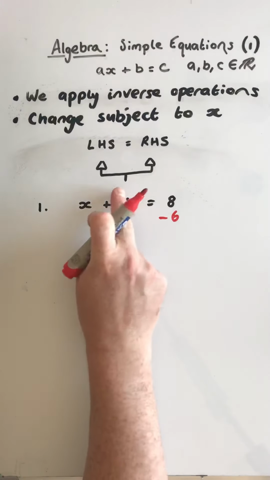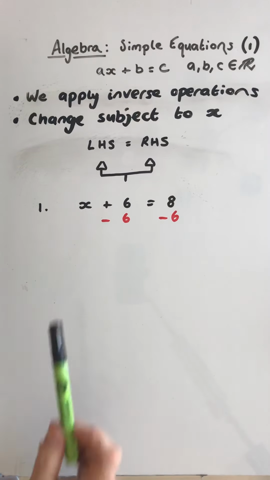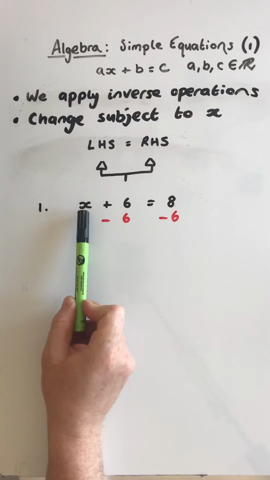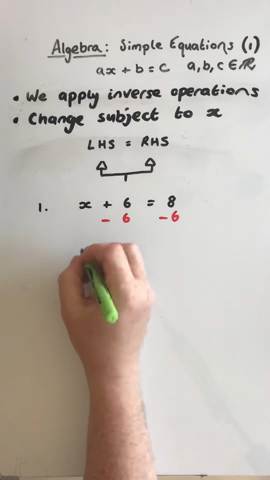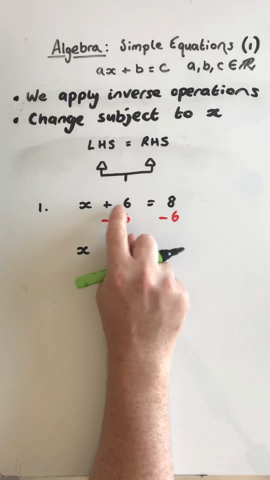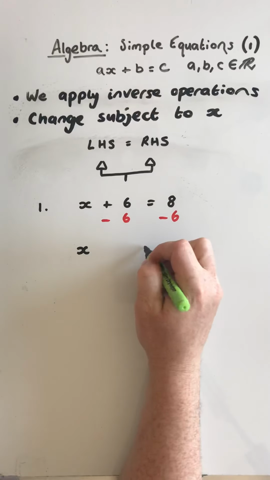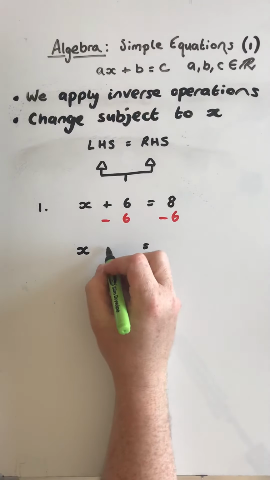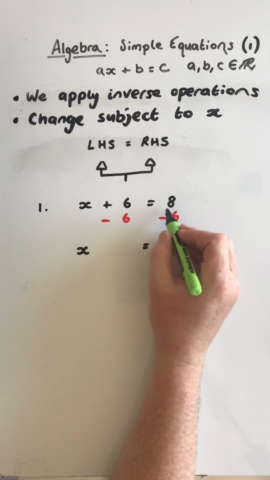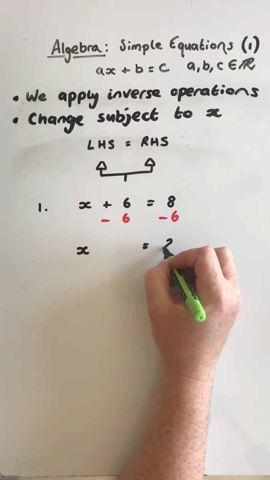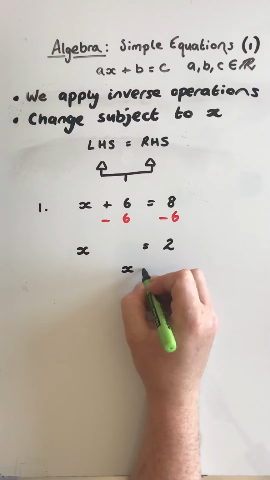Okay, this then gives us our 0 pair. The end goal is to have the unknown variable on its own. So x is on its own because plus 6 minus 6 is 0. Okay, we don't have to write a 0 in there. x equals 8 minus 6, which is 2. Right, this is it solved algebraically.